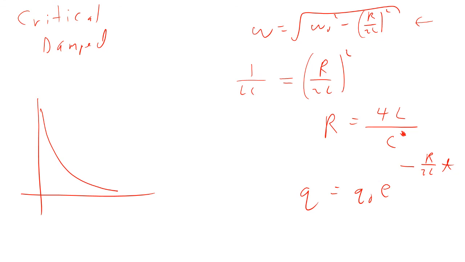This is your critically damped case. If you don't want your circuit to oscillate or have any transient behavior, you make it so that if something happens to it, it drops as quickly as possible back to its equilibrium state. That is the case of critical damping.